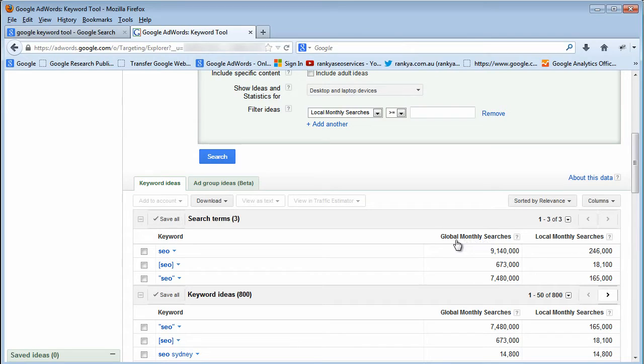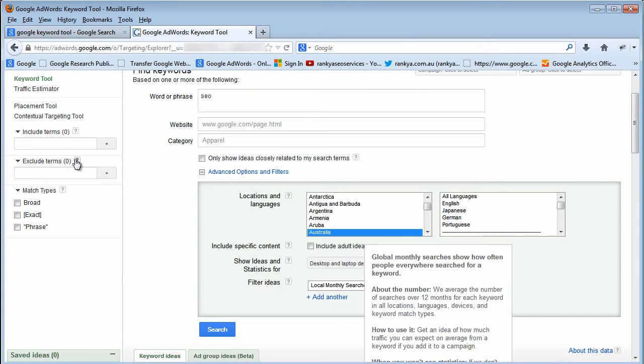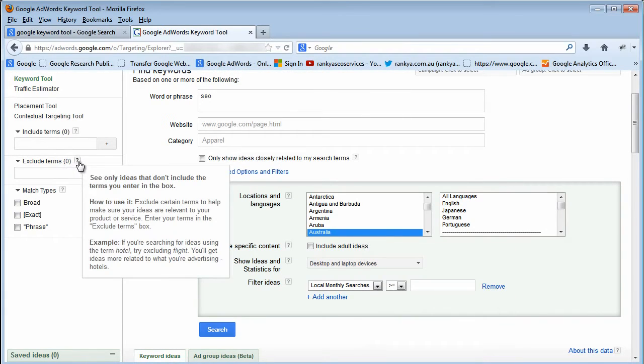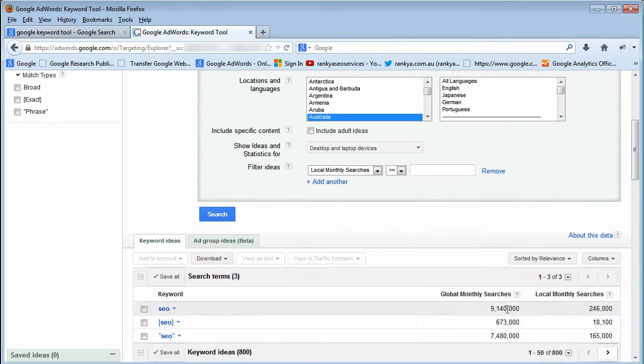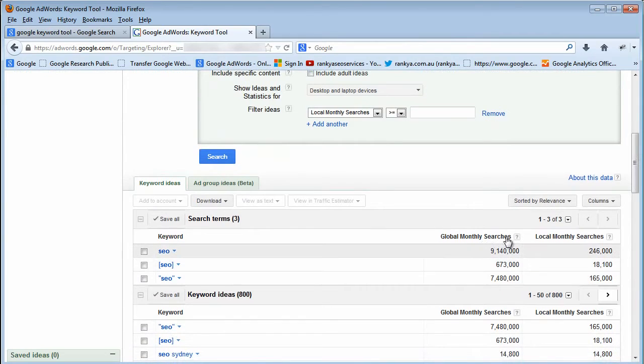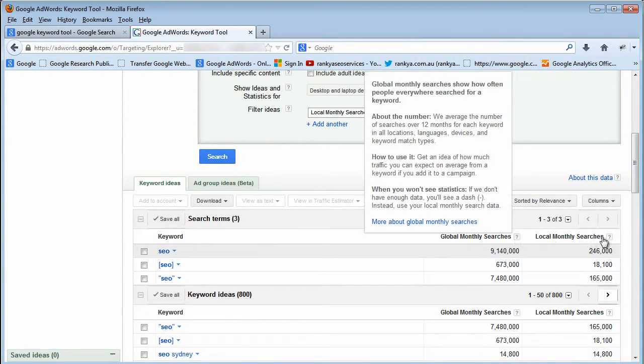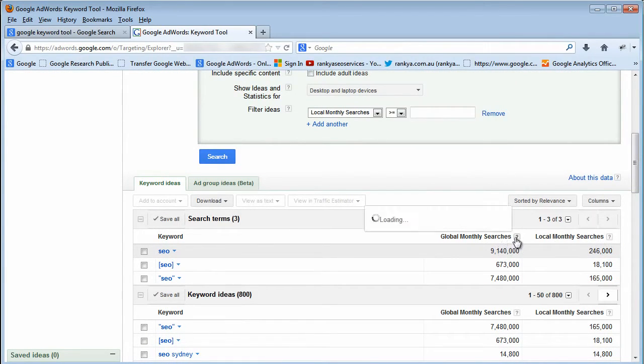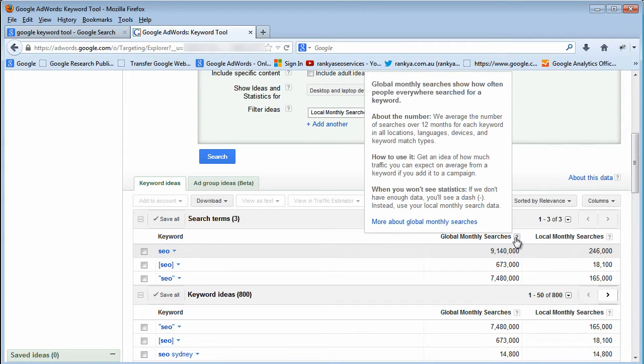Now, global monthly searches means this. If you press on the icon with any option here, you've got question marks saying help, meaning more information. You should definitely read it. But understanding global monthly searches and local monthly searches is very critical while you're building your keyword list.